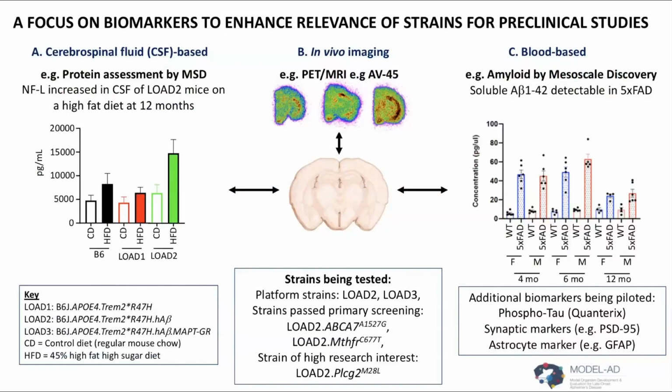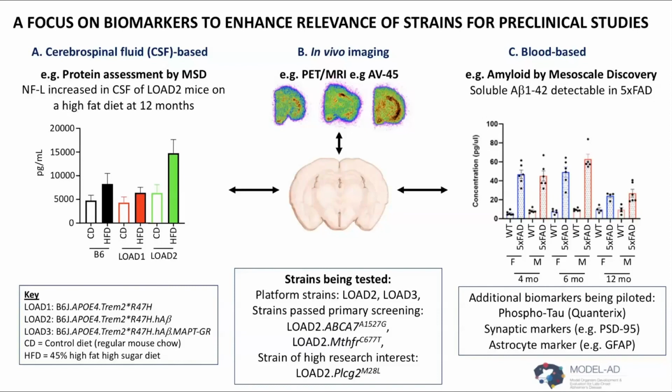In this case, for instance, LOAD2, which is ApoE4, TREM2, humanized A-beta, we're beginning to see an increase in neurofilament light in the cerebrospinal fluid at 12 months, which is exciting and suggests that LOAD2 may well have some neuronal cell changes that may get exacerbated as we take them out to 24 months. And we can detect that in CSF.